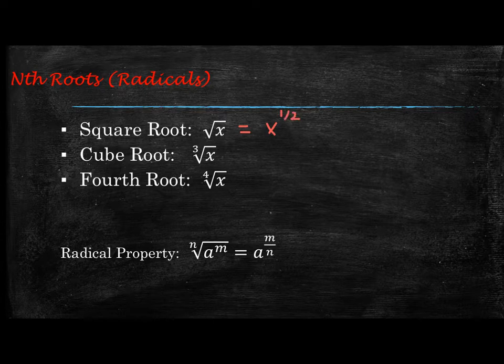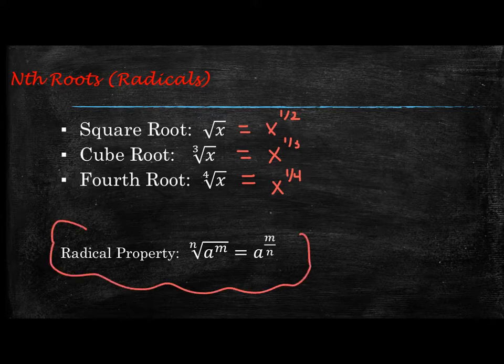If you have the cube root, that's the same thing as x to the 1/3 power. And if you have the fourth root of x, that's the same thing as x to the 1/4 power.